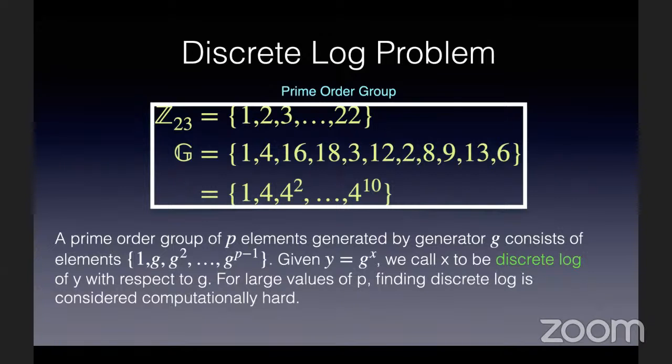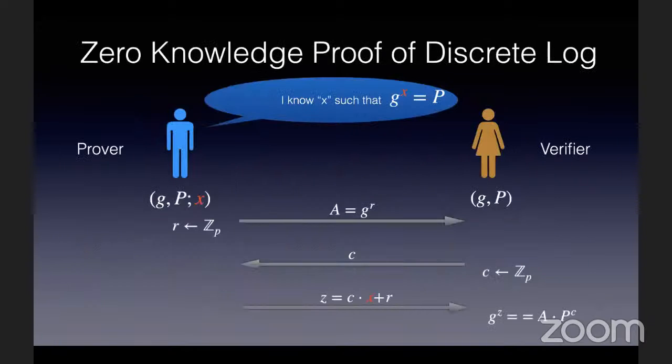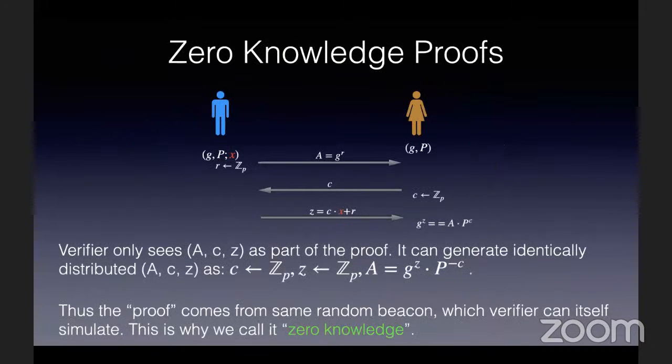So this group is closed with respect to inverse, which means it's closed under all such operations like taking P to the power minus C. When you do minus C, it's essentially saying you do P to the power minus 1 and then raise it to the power C, and P to the power minus 1 exists for all P. And this equality is also in the sense of modulo. All this is in the sense of modulo.